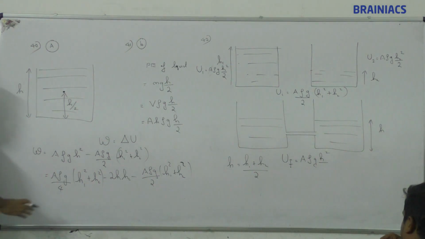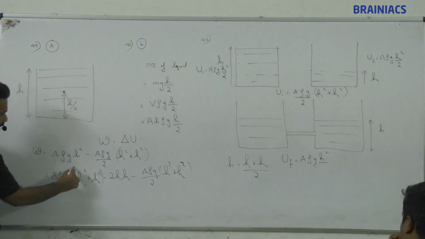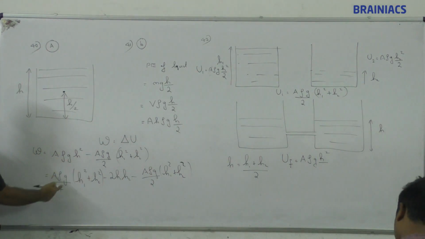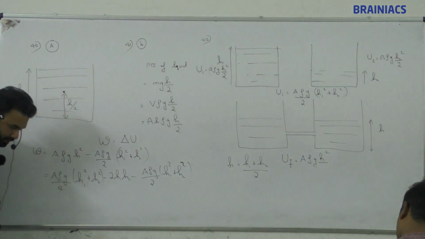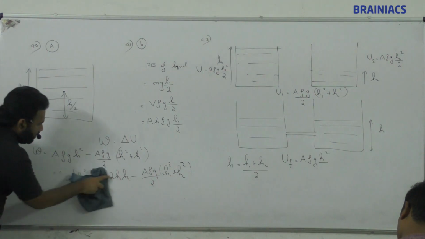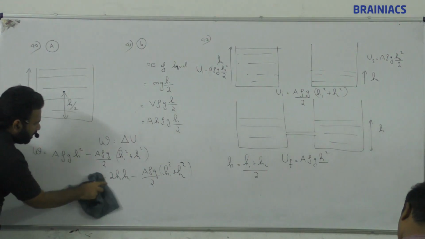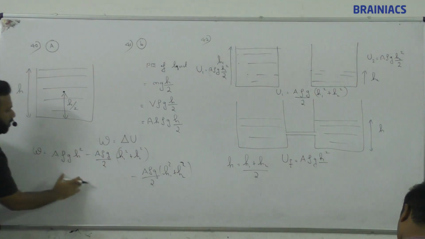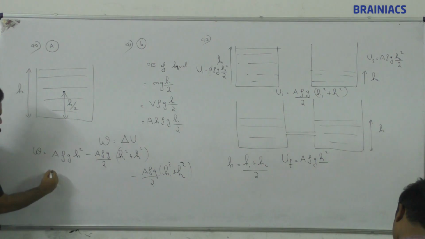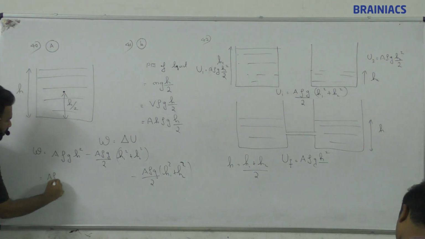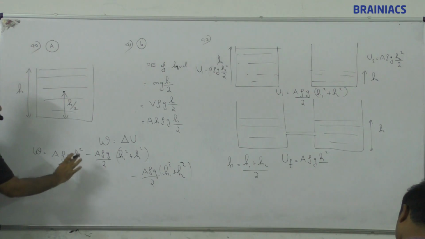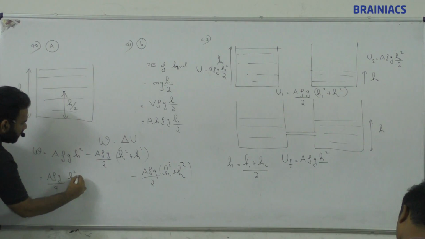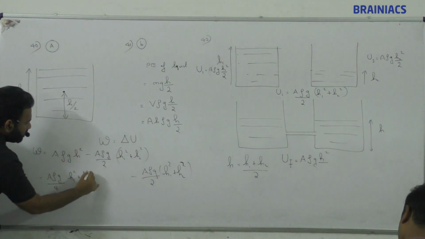Okay children, so now actually this one, when we substitute this here also, actually one small mistake is there. See, when I substitute for h square, this is going to be a rho g by 4 times h1 square plus h2 square.